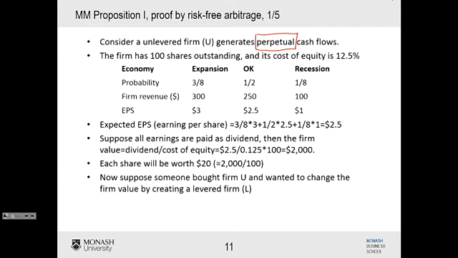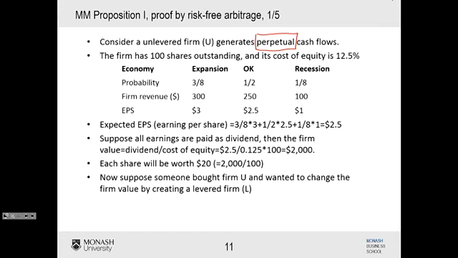It's a common assumption. And let's also assume the firm is operating in an economy that could have different scenarios. Next year, the economy could be either in expansion, or generally okay, or in recession.